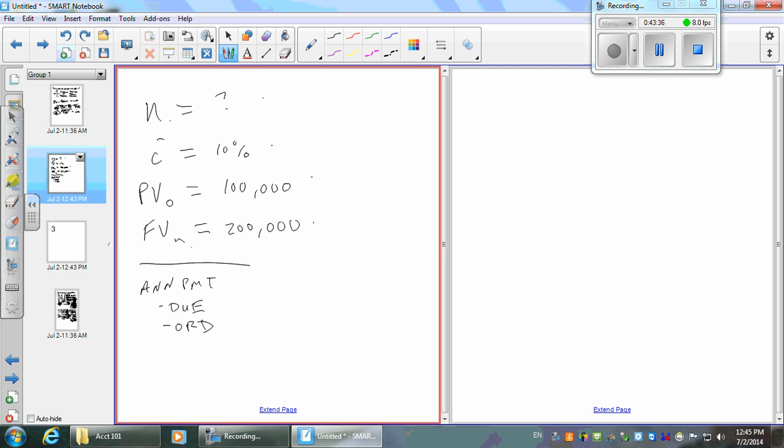Real simple. Set yourself up a formula as though you were calculating either the present value or the future value and solve for the unknown. The unknown is your present value factor or future value factor, whichever one you want to use. And then you know the interest rate, so you can look at the table and find the number of periods.